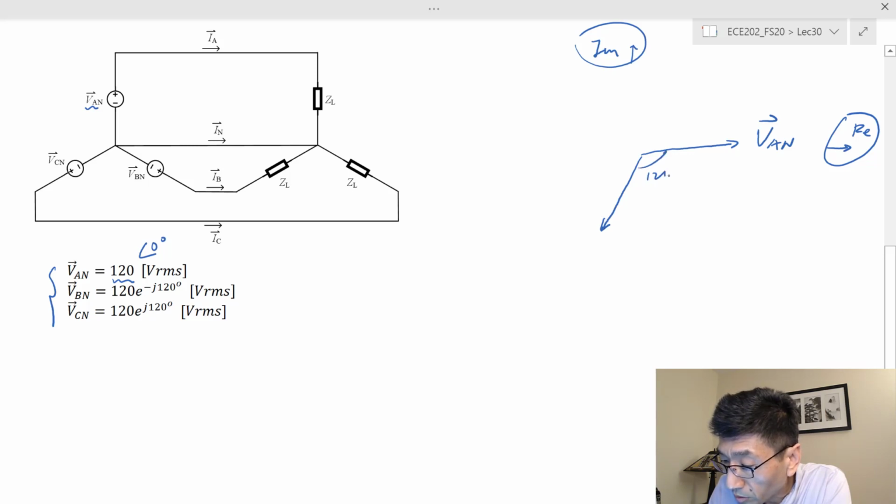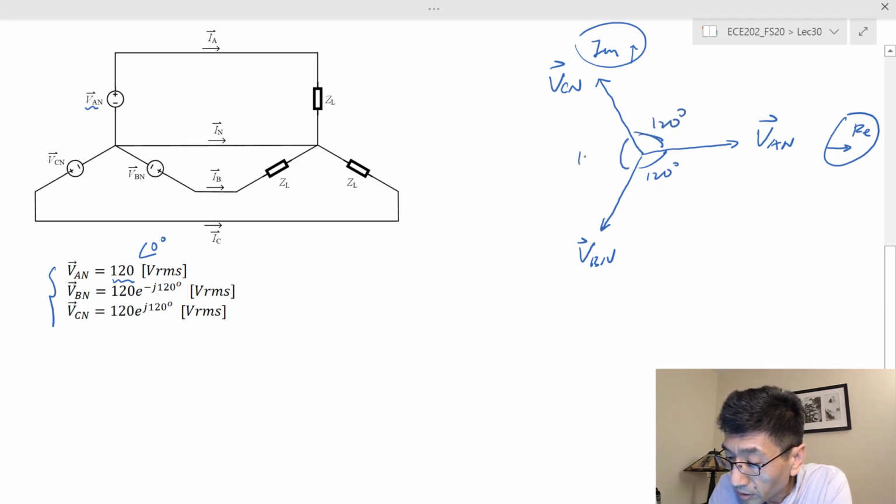So this will be 120 degrees. So this is VBN. And you got a VCN here. And this is another 120 degrees. Of course, this is going to be 120 degrees as well, because there's 360 total, right? So they form a balanced voltage source, and then I have the load, the same impedance Z sub L for each phase. So therefore, we have a three-phase balanced circuit.